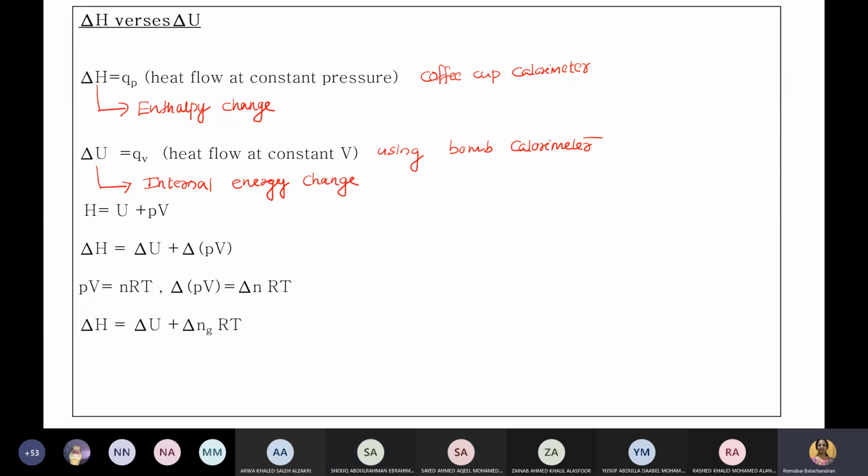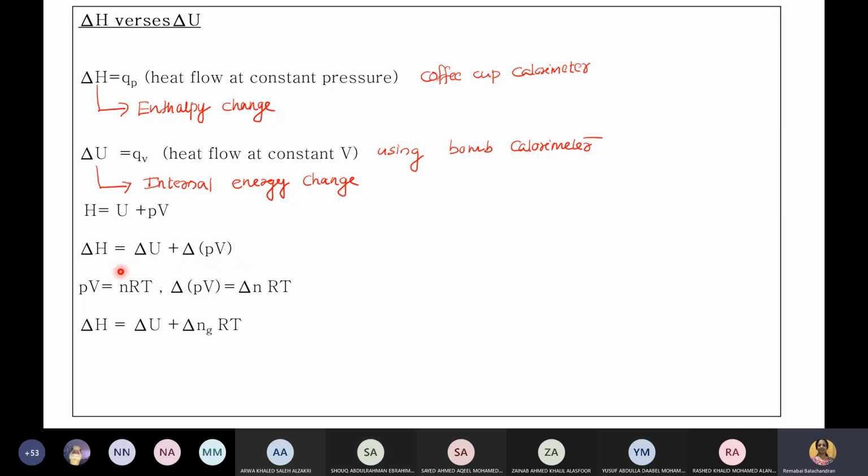Now H is equal to U plus PV. Now we find the change. Delta H is equal to delta U plus delta PV. You understand? You put delta everywhere.